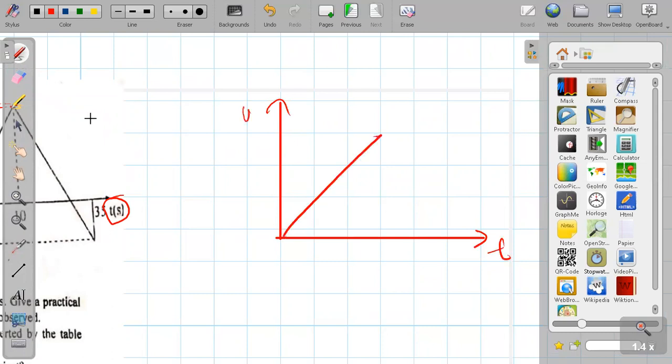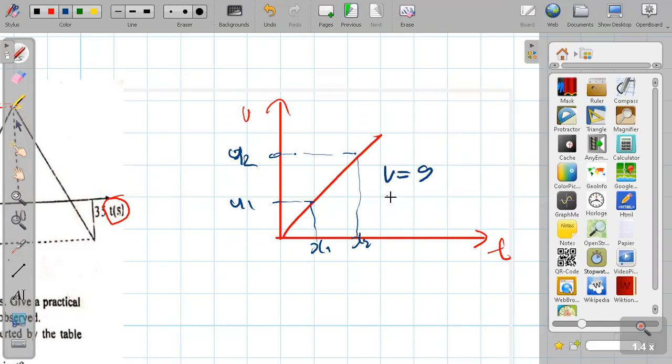The gradient of the graph gives you velocity. This is y2, y1, x1 and x2, and the velocity is equal to the gradient.